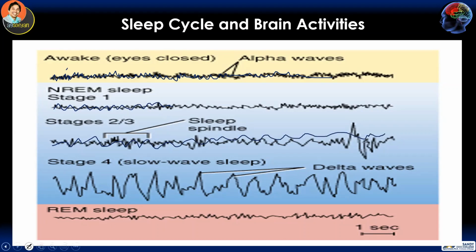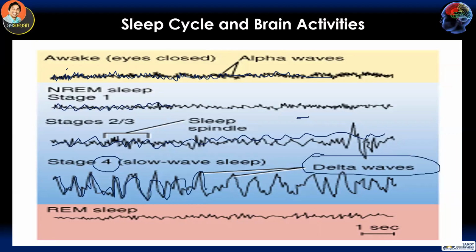In stage 4, the deep sleep, the activity of the brain is really slow. This is the time when we have deep sleep, and our brain is relaxed. This wave is called the delta wave, the slow wave during sleep. There is somewhat higher activity during rapid eye movement sleep, telling you that the brain is a little bit active during that time.